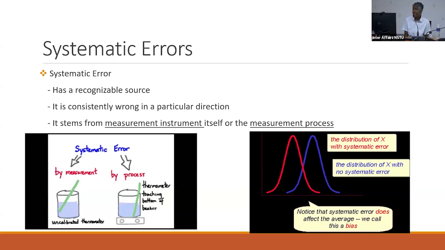It would be the same for every patient that we use that thermometer on, and it would be in the exact same direction. Another type of systematic error is one that relates to our process. So here, the thermometer touching the bottom of the beaker is closer to the source of the heat. So that will increase the temperature in a systematic way. So again, these will lead to error in our measurement.